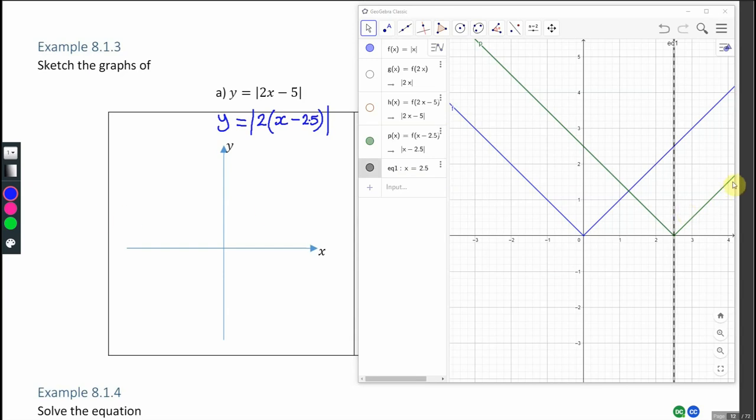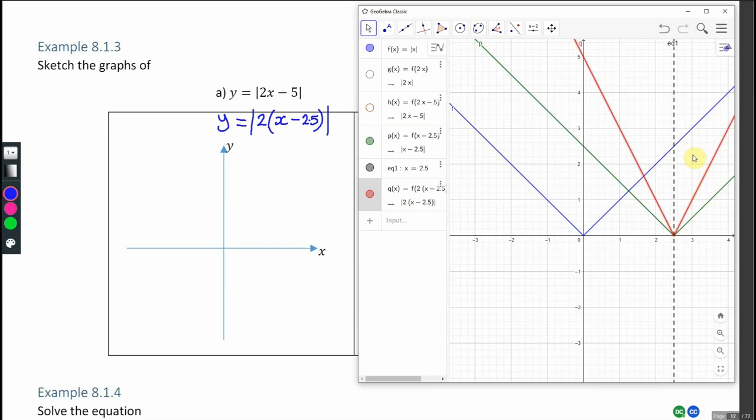Keep your eye on the green graph, which is the graph of the modulus of x take 2.5, and then I've got this vertical line x equals 2.5. If I now introduce the 2, notice how, yes, it's being squashed in the x direction, but around this vertical dotted line and not the y-axis.